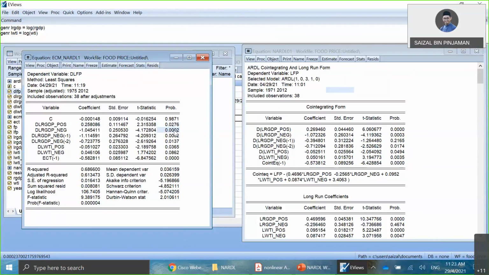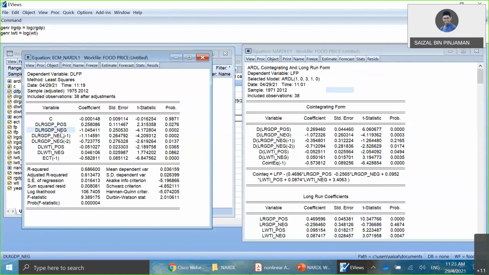Okay, so yeah, my mistake. In this case, for the positive value, we can simply refer to this probability to conclude its significant relationship with the food price, because we only have one coefficient value for positive GDP, as it only has the present value in this equation.